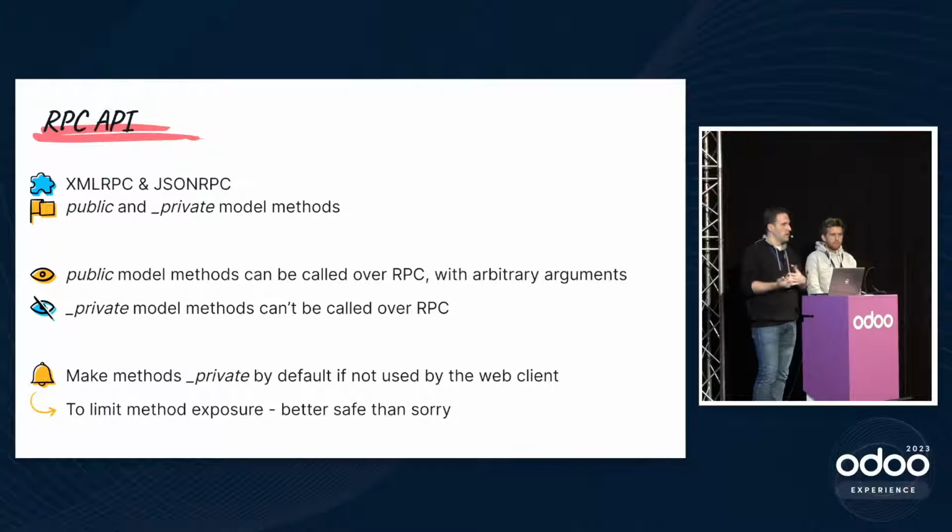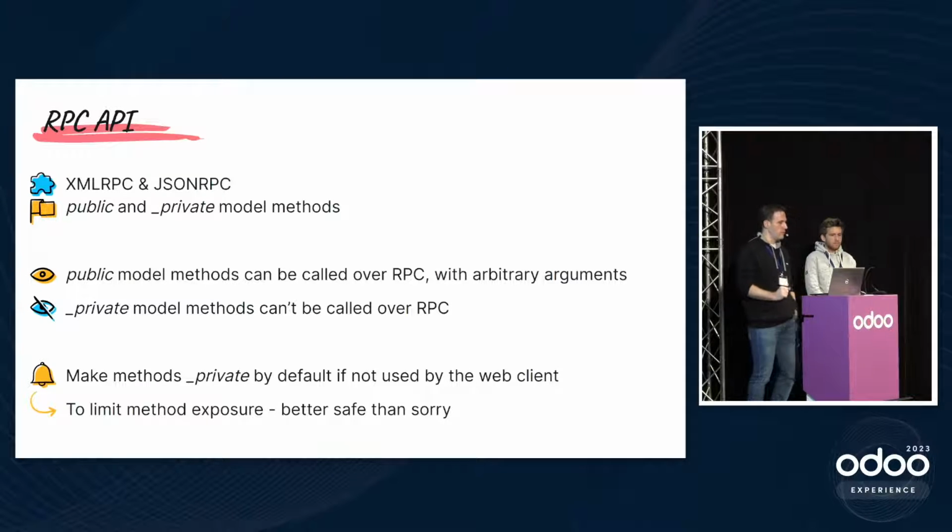So, of course, if the method is safe to call and is going to use the API, all the access rights are going to be applied. But still, there are cases where this could be a risk in terms of security, so you have to be careful with exposing those methods. The way it works is to have private methods, and the convention is to prefix them with an underscore. So if you write a new method, you should always make it private by default.